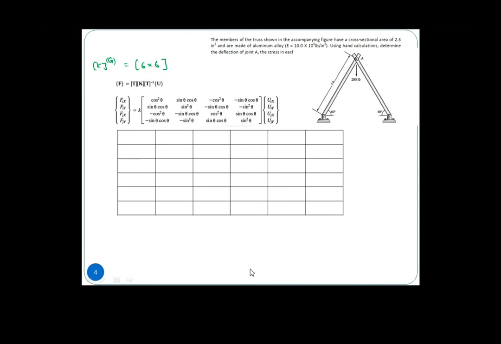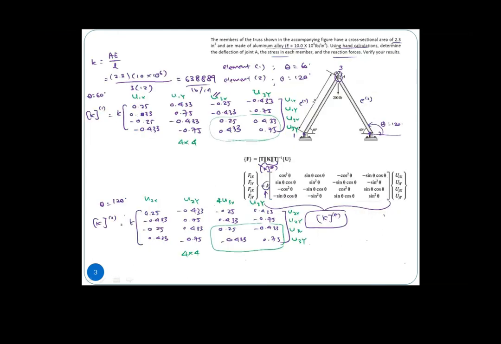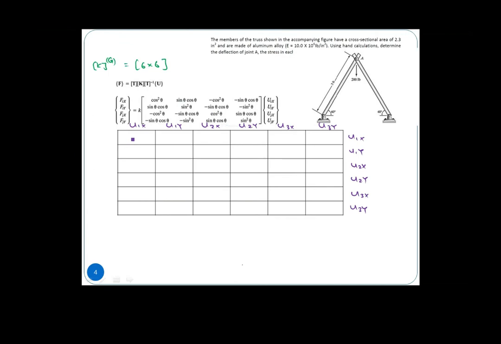If you refer back, here we have U1x, U1y, U2x, U2y, U3x, U3y, the same as here. Compared with what we have here, U1x is 0.25, 0.433.